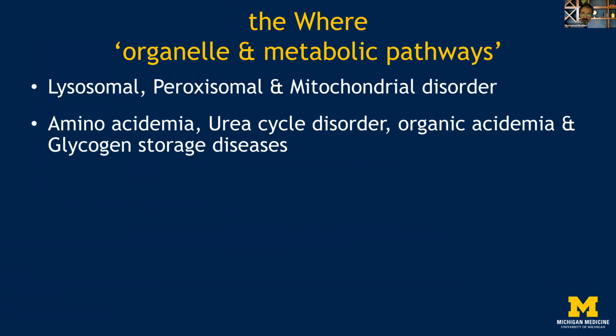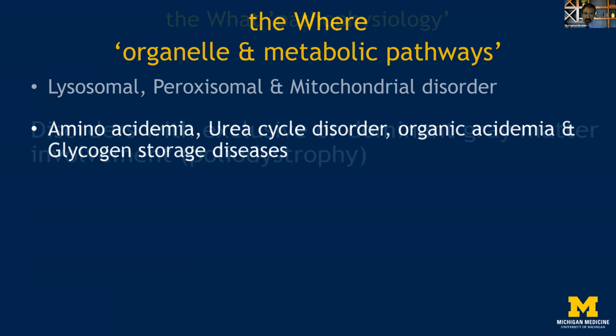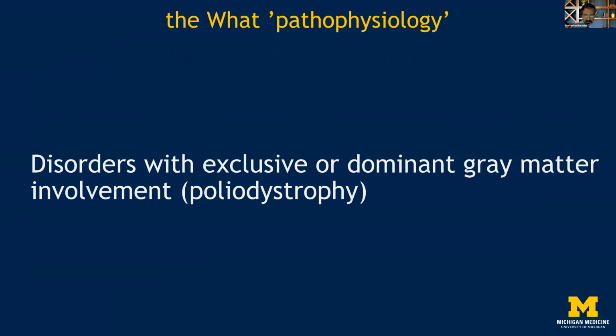Or it could be related to a defect in one of the metabolic pathways, resulting in the aminoacidurias. A subtype of it is urea cycle disorders. It can result in organic acidemias or other disorders, such as glycogen storage disorders. So that is the where.